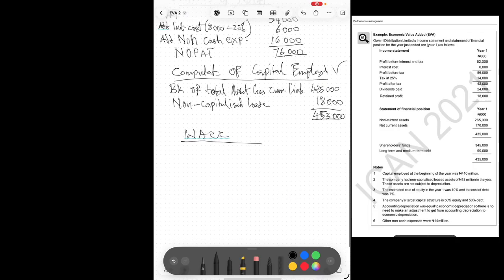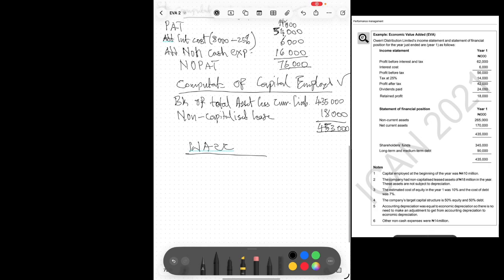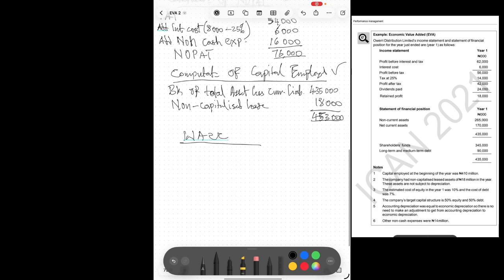For your weighted average cost of capital, we are told that the cost of equity is 12%. And what is the weight? The company said they were going to share the weight by 50-50. That is, 50% of their capital employed should be equity, 50% should be debt. The formula says cost of equity times the weight of equity, which is 50%, plus cost of debt.